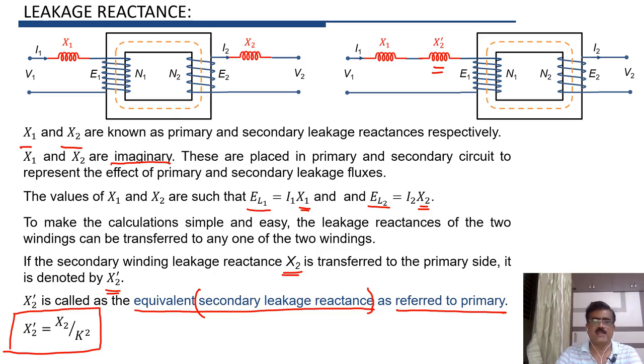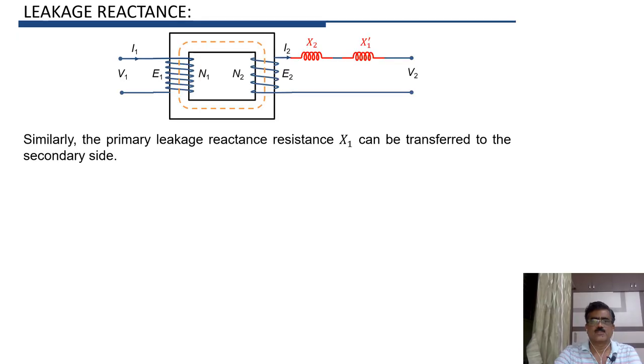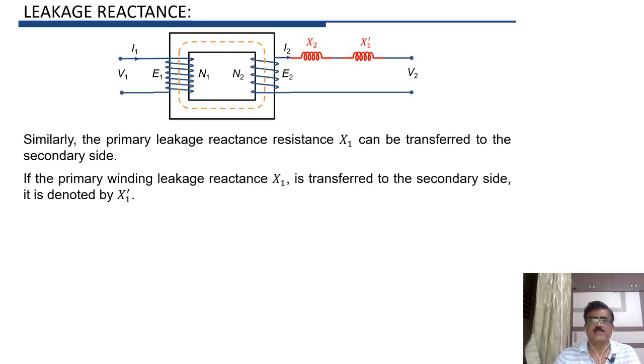Similarly, we can transfer the primary leakage reactance X1 to the secondary side, and when X1 is transferred to the secondary side, it is denoted by X1 dash. This X1 dash is actually the leakage reactance of primary transferred to secondary.